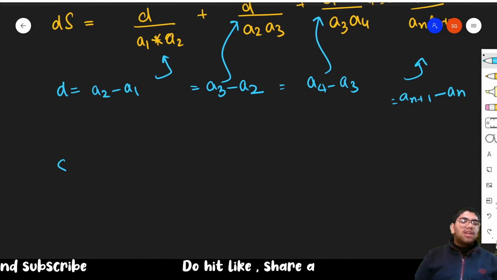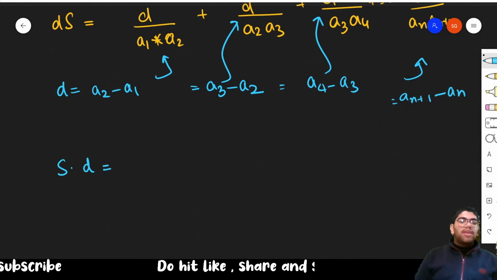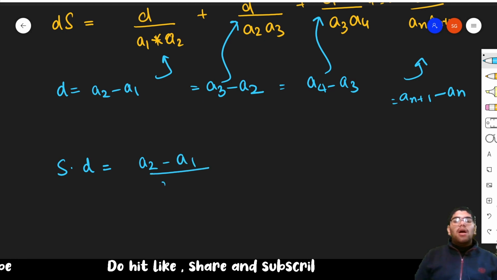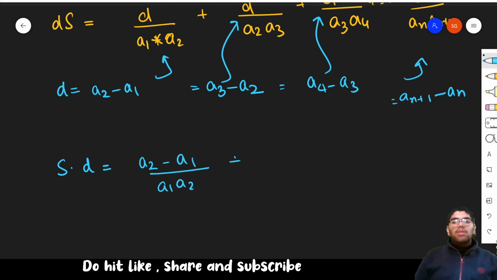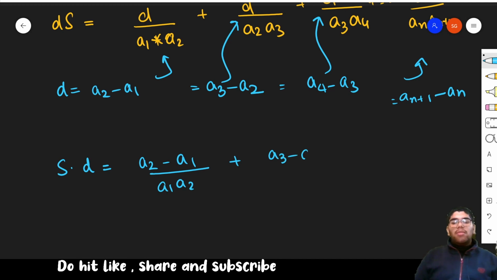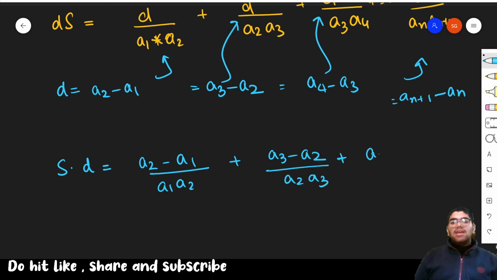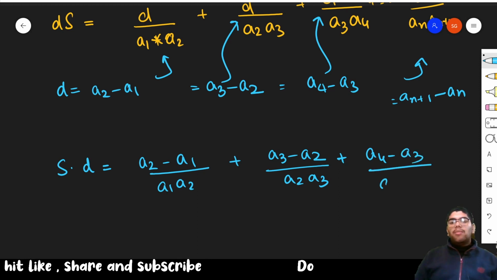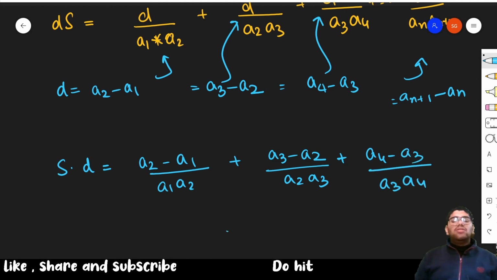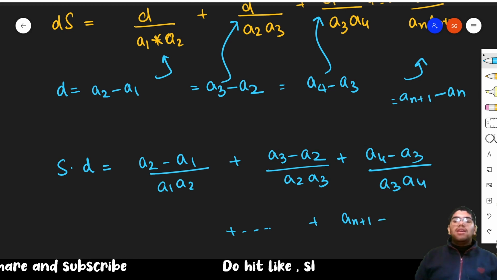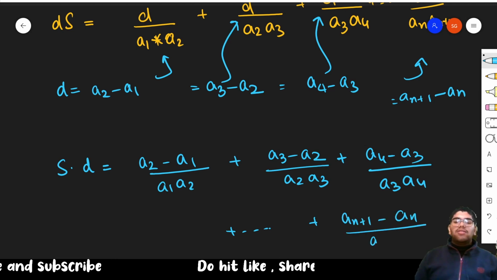D times S is equal to a2 minus a1 upon a1 a2, plus a3 minus a2 upon a2 a3, plus a4 minus a3 upon a3 a4 and so on. The series will again continue, and this will finally give me this expression.